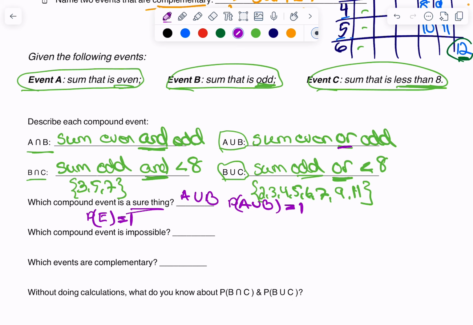Now, which compound event is impossible? Well, if you look at this one right here, can a sum be even and odd? No, it cannot be. So this one is impossible. So that means that the intersection of event A and B is going to equal 0.